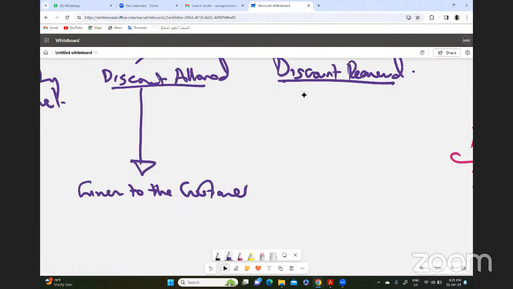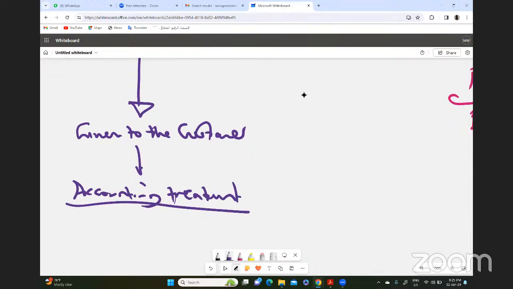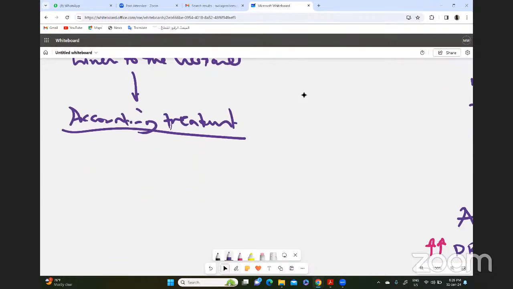Given to the customer. Now, what is the accounting treatment? And I want us to be very sober here. Very sober here. What is the accounting treatment of a discount?